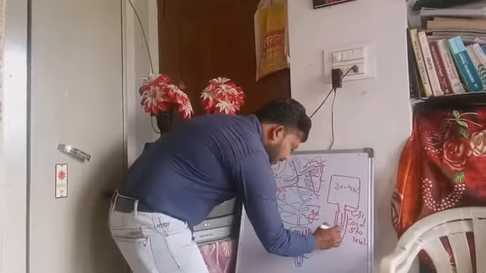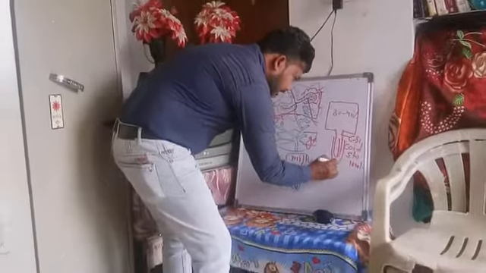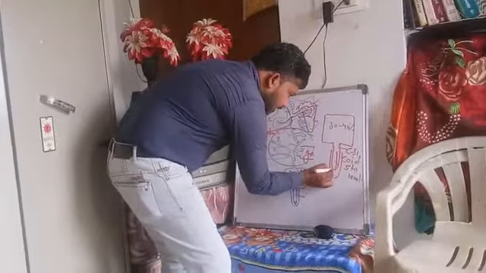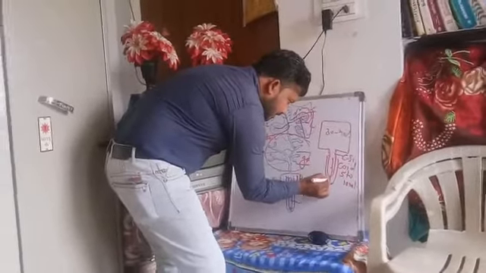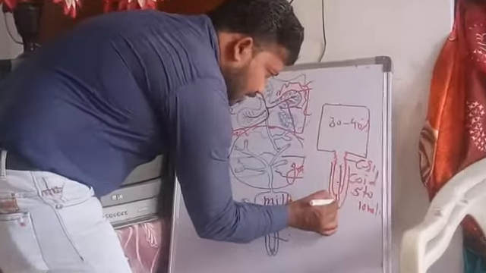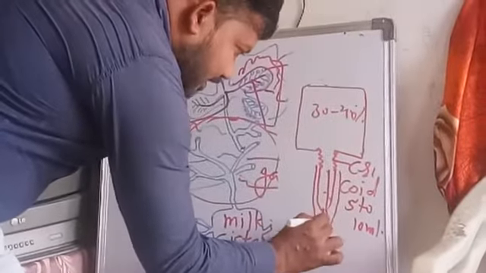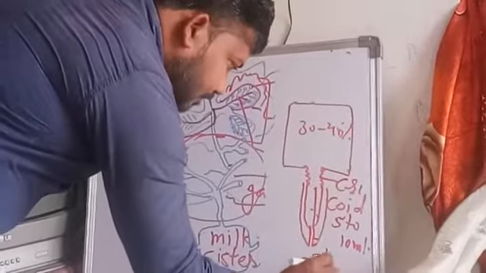So this is the skin and this is the teat canal. Here is one more canal, called the streak canal.